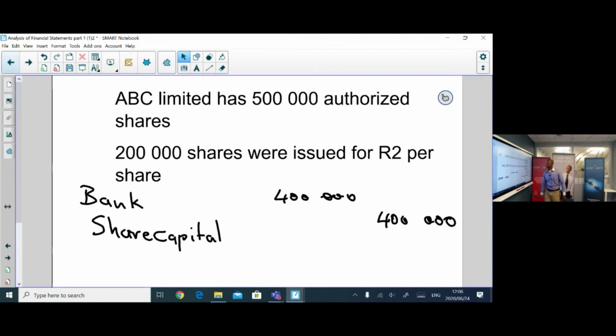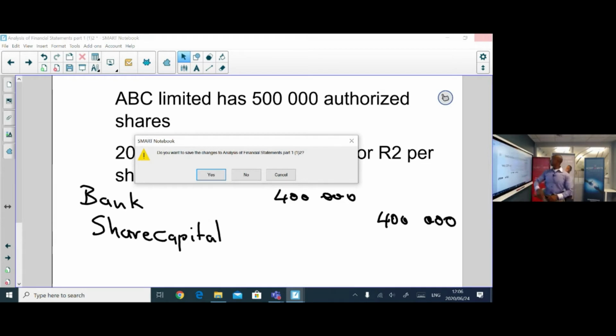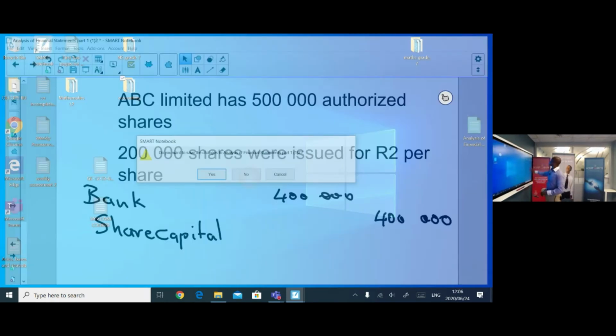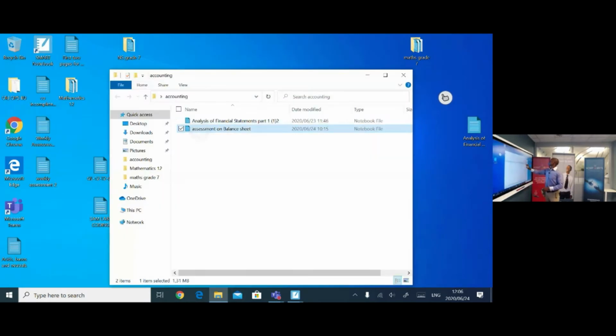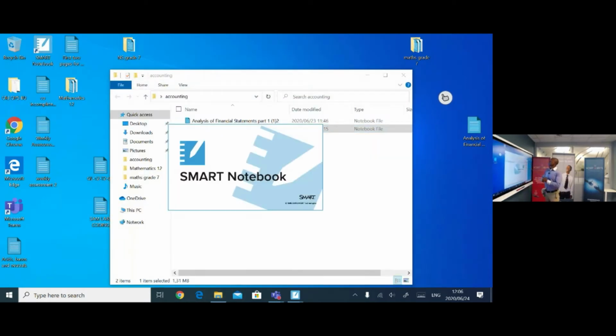So today we won't go to these examples. Today, we took some questions from the past exam paper, the 2016 exam paper.